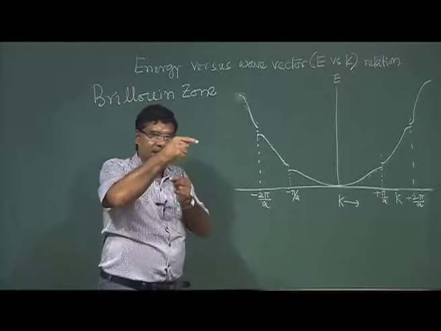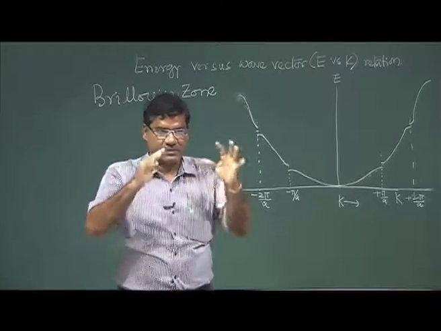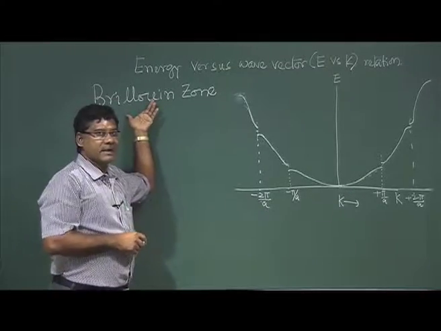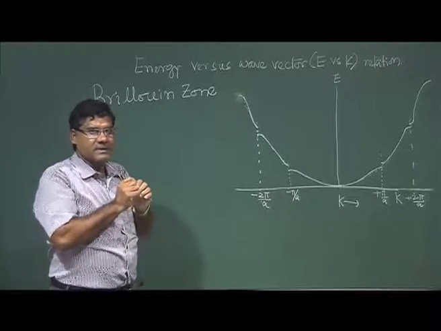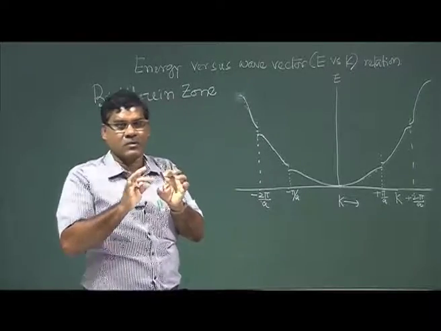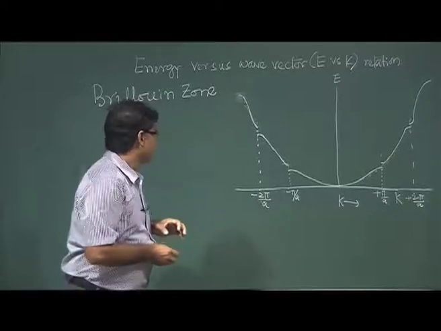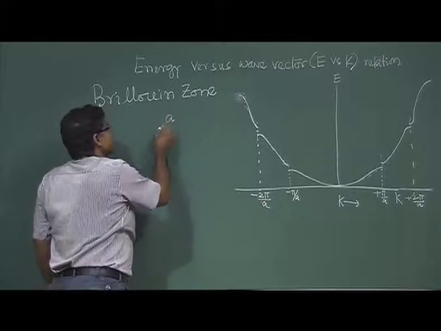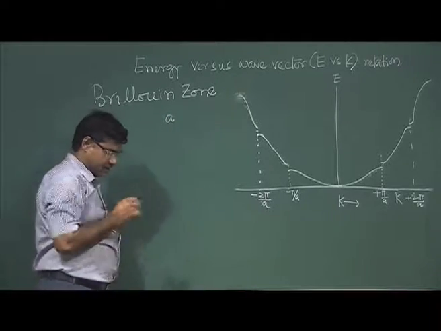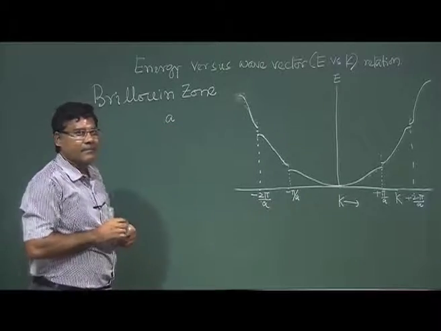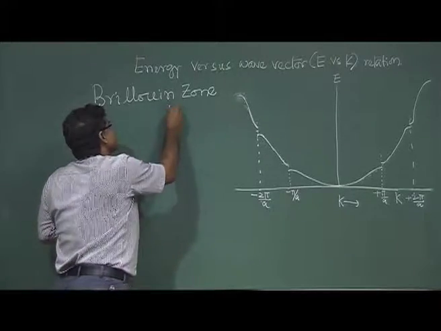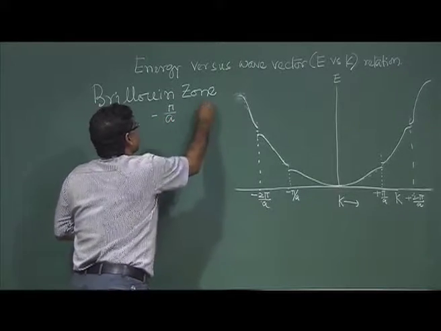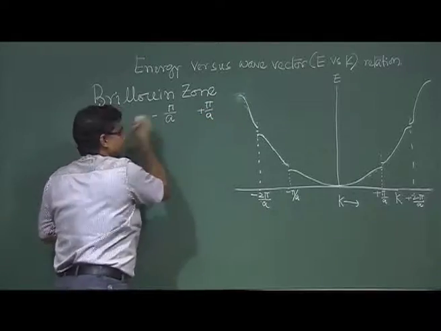And then for the next nearest neighbor, if you enclose the volume, then that will be the second Brillouin zone, of course minus the area or volume of the first Brillouin zone. So, that will be the second Brillouin zone, and there we have seen that if a is the lattice constant for 1 dimension, then the first Brillouin zone is between minus pi by a to plus pi by a, that we have seen, right.